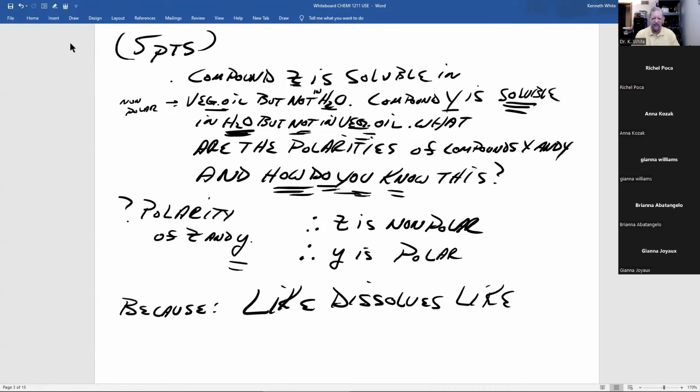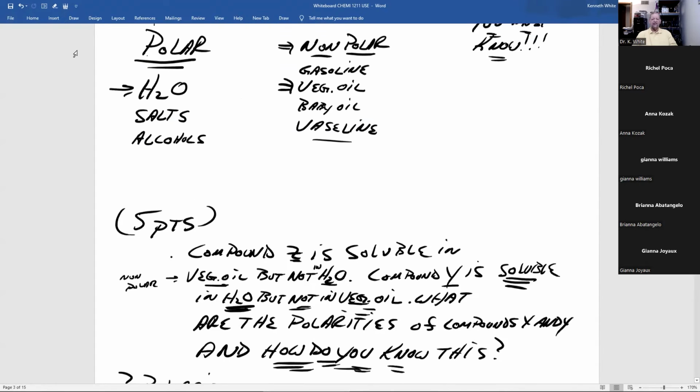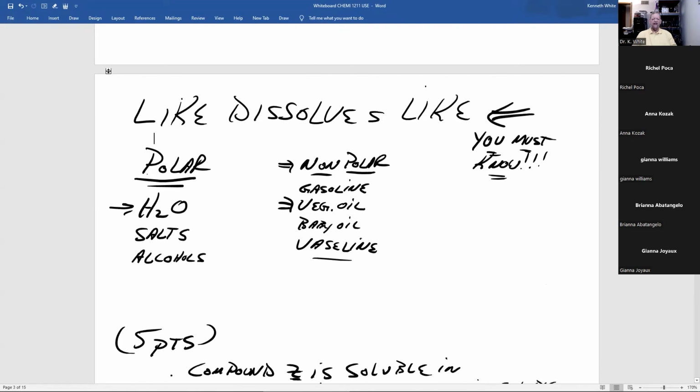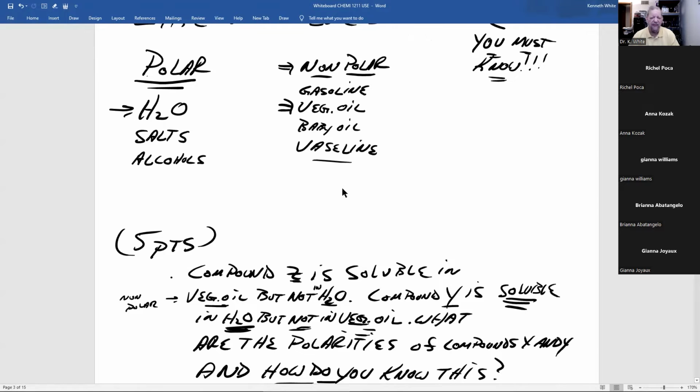Because like dissolves like. So remember, you should know this. Like dissolves like, things that are polar are soluble in polar things. Things that are nonpolar are soluble in nonpolar things. One other thing, which I won't put on a test, but if you take my organic chemistry, what else is nonpolar?